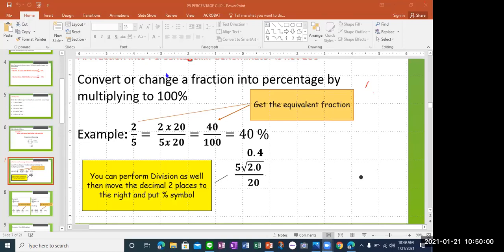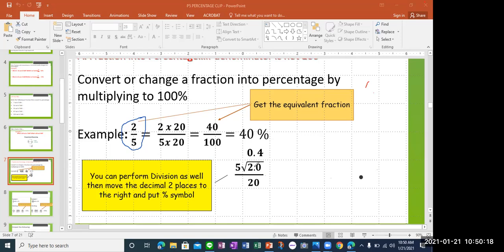Now let's have the blue one. We need to get the equivalent of 2/5. So we can actually divide 2 by 5 this way.